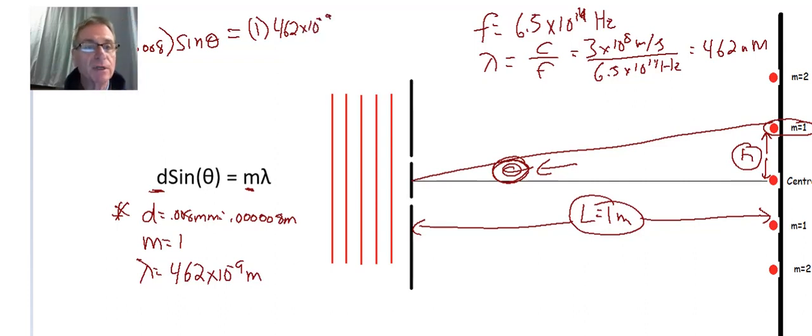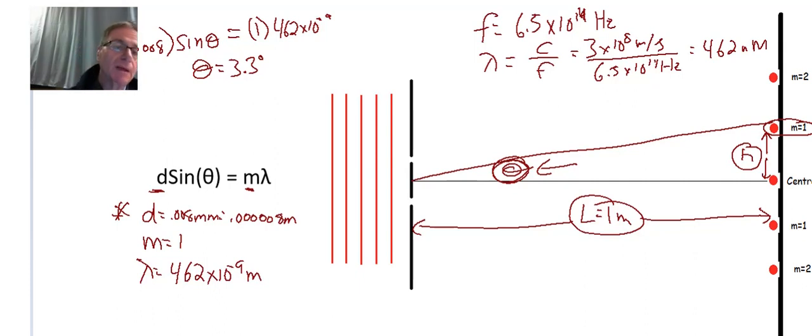Let's divide each side by 0.000008, and theta turns out to be 3.3 degrees when we solve the equation.